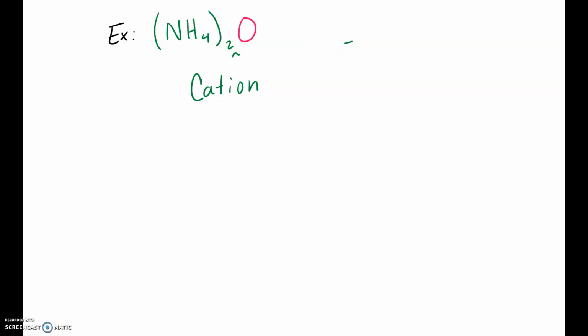So when we look at this chemical formula, the cation is NH4. And when we look that up on the polyatomic ion sheet, we see that ammonium is NH4 plus. So the cation is ammonium.